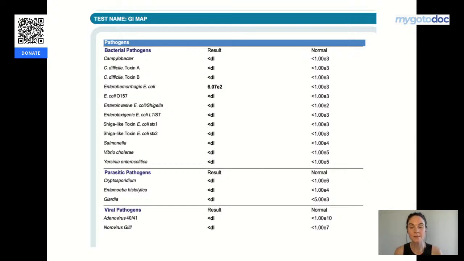And sometimes it can be a passing thing, like in the case of food poisoning, and we'd have to cross-reference with other results in the GI stool map to really understand what it means in a broader context.